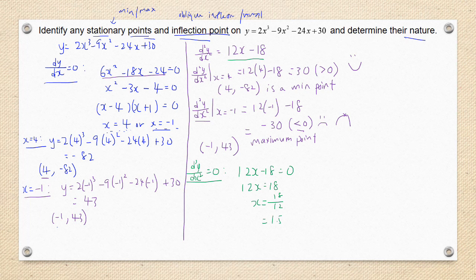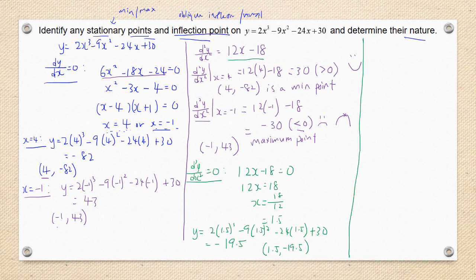Find the y coordinate for this point. Substitute 1.5 into 1.5 to the power of 3 minus 9 times 1.5 squared minus 24 times 1.5 plus 30. With the help of my calculator, I found this is equal to -19.5. So I have found another point here, (1.5, -19.5).